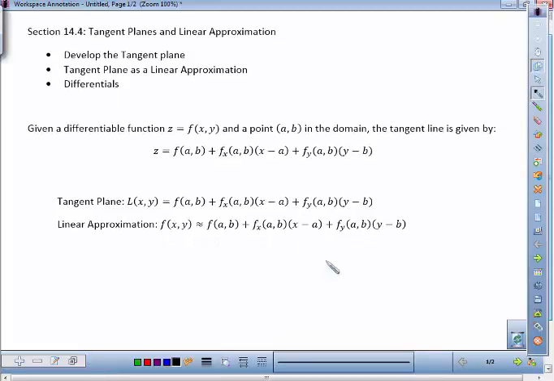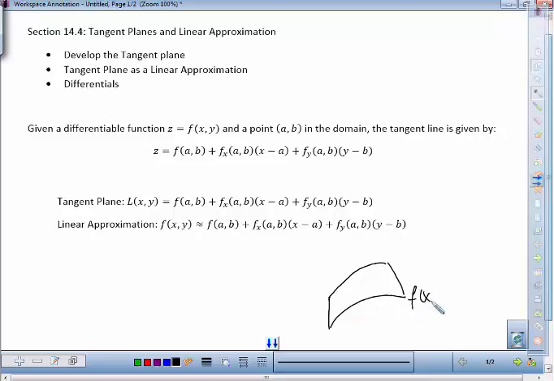So let's see if we could draw a picture here. Say this is just a piece of the function. And we have this point. And then we get the tangent plane.